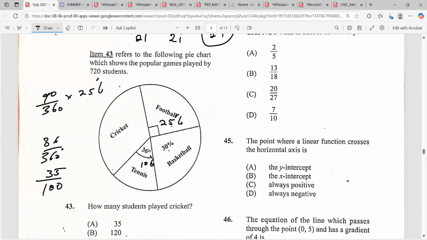So all we have to do is find 35% of the total, which was what, 720? 5 into this 2, 5 into this 7, 2 into this 1, 2 into this 36. 7 times 36, that should be the answer. 7 sixes are 42, 7 threes are 21, 25. So that's 252.